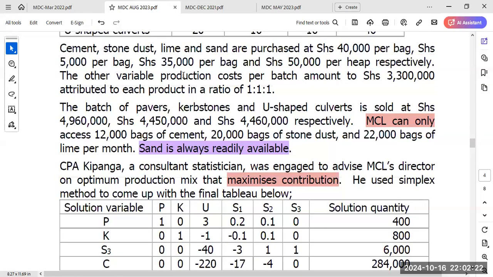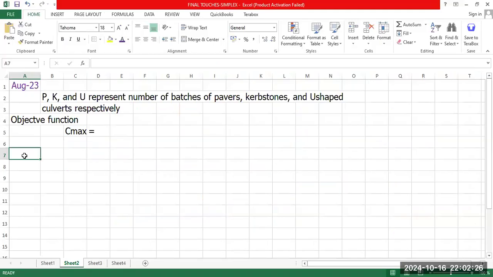So you need to do a working and look for the contribution. You can leave the space and do the working somewhere else, but here I can put my workings. We need a contribution.